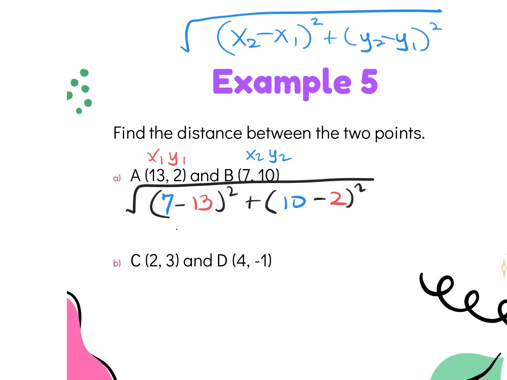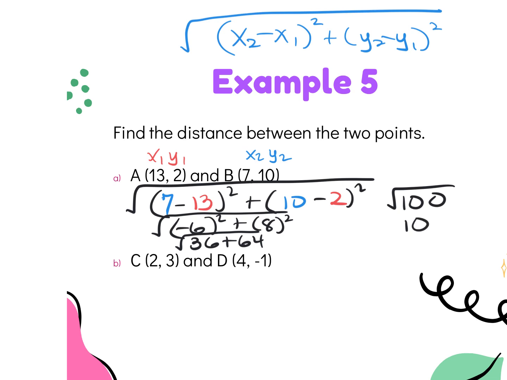I need to subtract. I now need to square: 36 plus 64. I now need to add, and then square root. So the final answer here, the distance between those two ordered pairs, is 10.